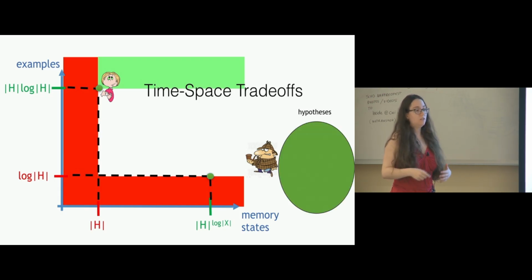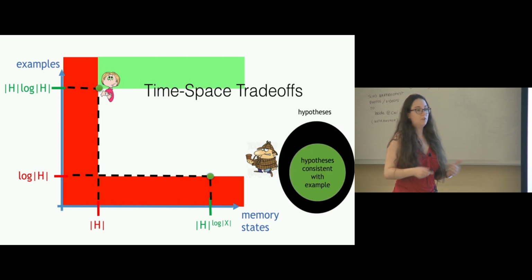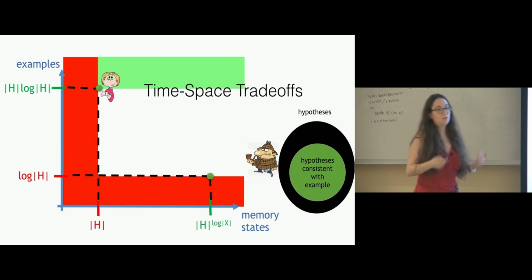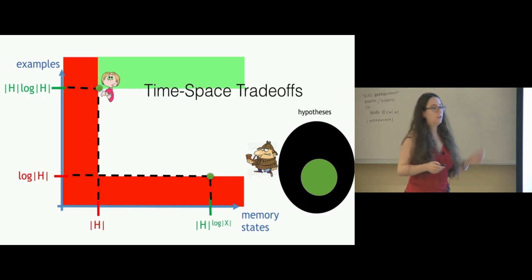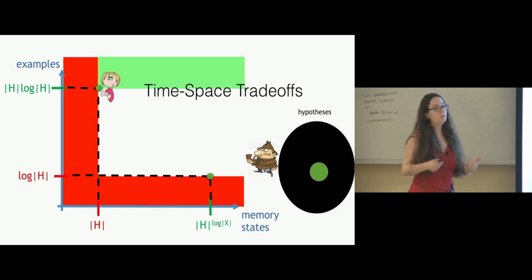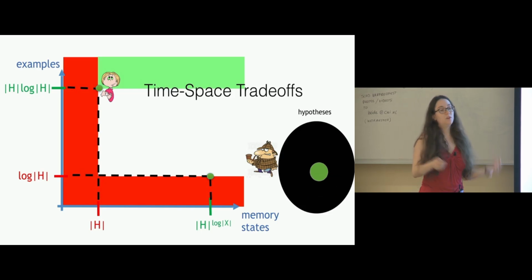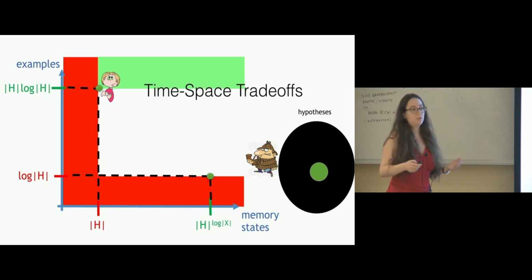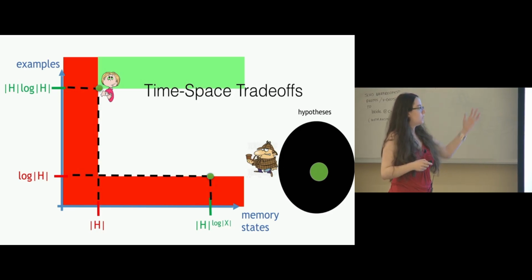So at the beginning, all the hypotheses are possible. After seeing one example, the version space, the set of all hypotheses that are consistent with the current example, is a smaller set. And then it's getting smaller and smaller until after log |H| examples, we get a hypothesis which is close to being correct.